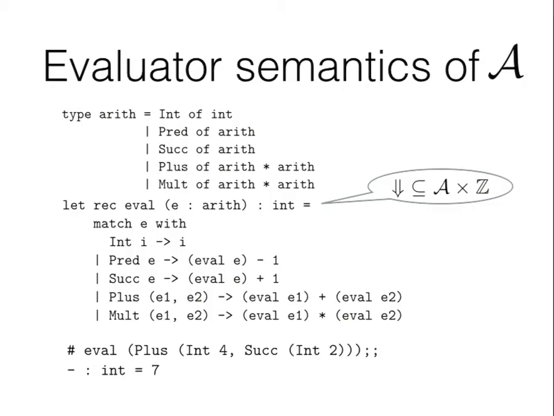You can see that the type of this function, from expressions to integers, is close to that idea of the binary relation between expressions and integers. The difference here is that this is a function that computes what the integer is given an expression.